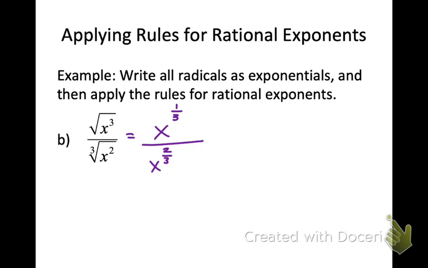Well, negative 1/3, right? Which just means that it would be in my denominator. So it'd be 1 over x to the 1/3. But I gotta take that to a radical. So 1 over the cube root of x.